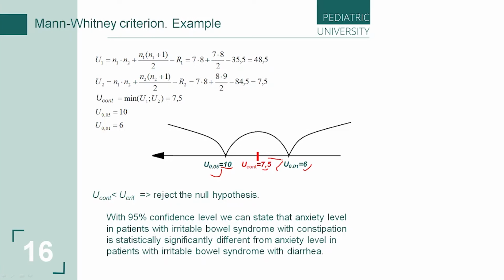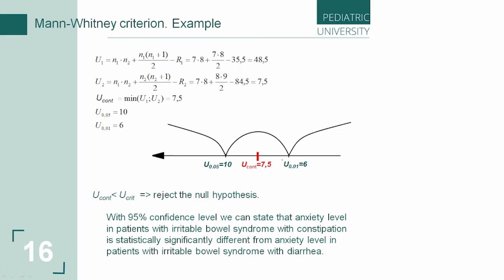This is how the criterion works: we calculated the values of U1 and U2, chose the lowest of them, compared it with the table values, and then rejected the null hypothesis in our example.